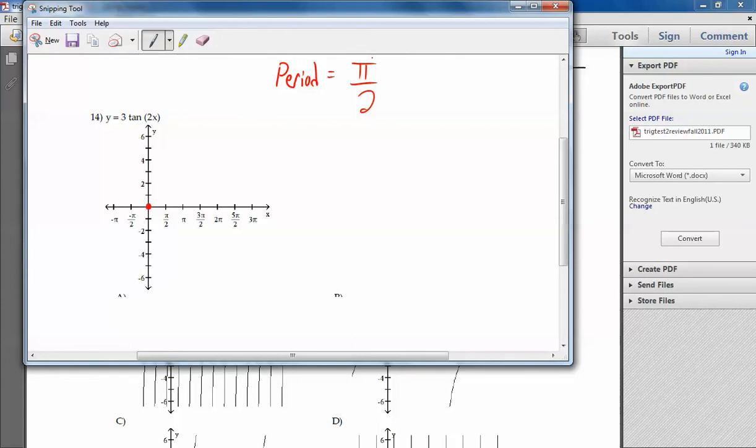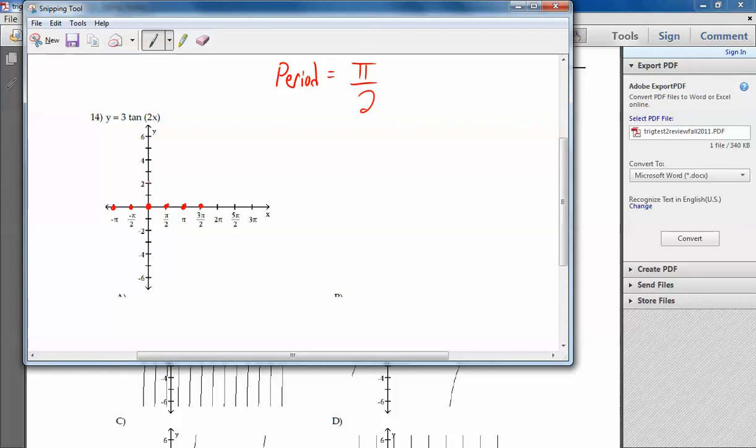Since the period is pi over 2, if I add pi over 2 to that, I'm going to get another place where the graph will cross. Add pi over 2 again, another place, another place. Or you could subtract pi over 2 over and over. So we're going to cross at all of those places.